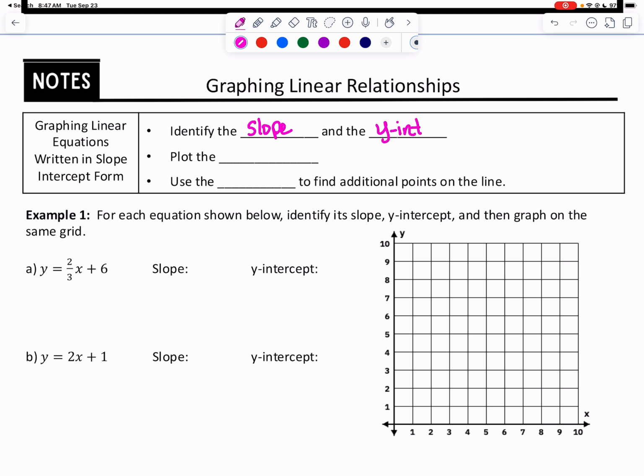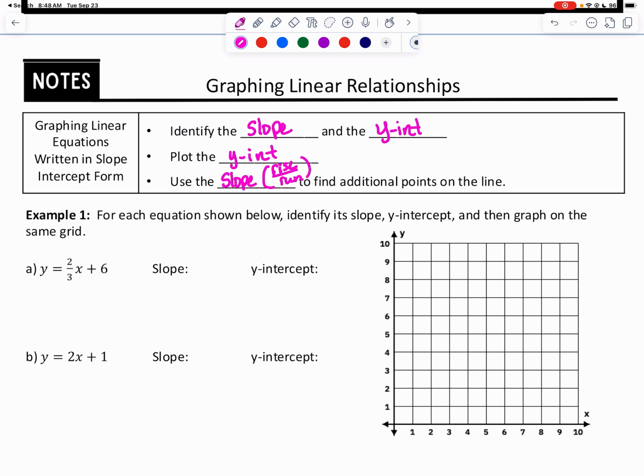After we've done that, we will plot the y-intercept on the coordinate grid. And then we'll use the slope, which is the same thing as rise over run, to find any additional points on the line.